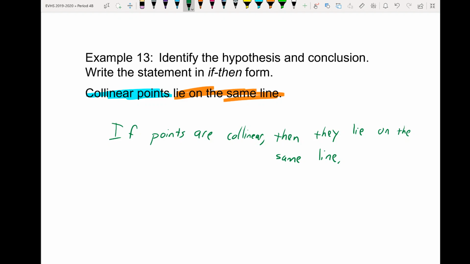And again, like I said, careful with pronouns. The reason that "they" is all right here is because we already defined what "they" is, right? It's the points. If points lie on the same line and they are collinear, yes, this would be a biconditional, because the converse is also true. If points lie on the same line, then they are collinear. All right?